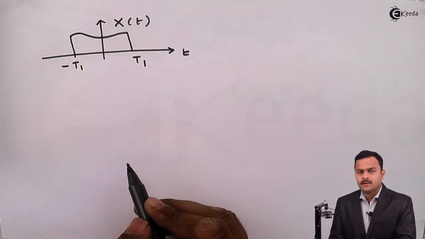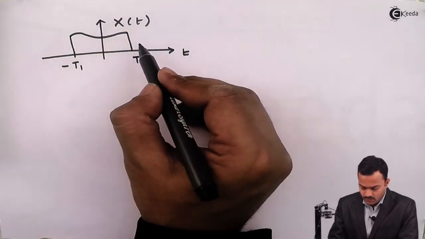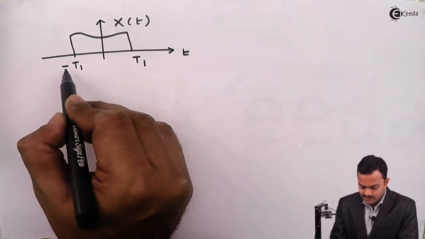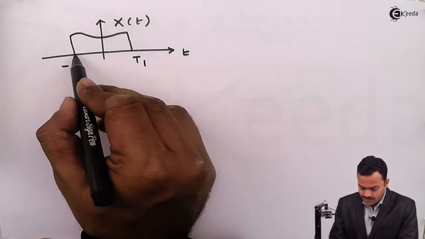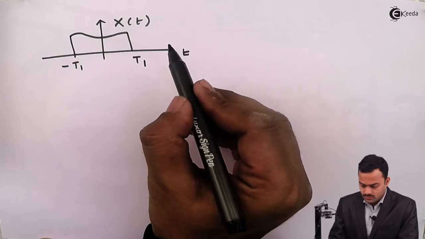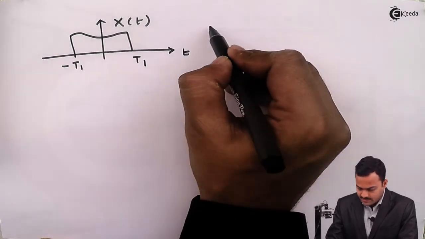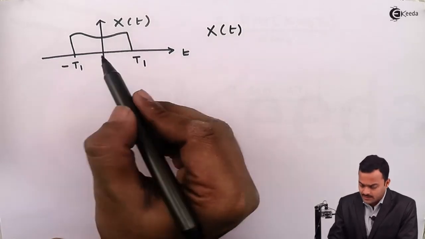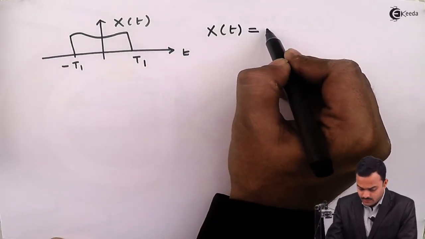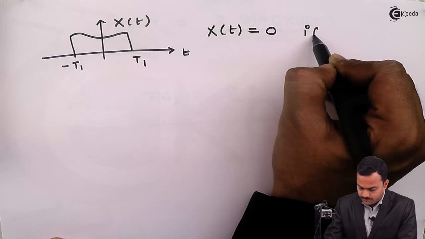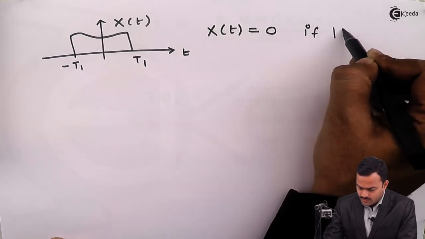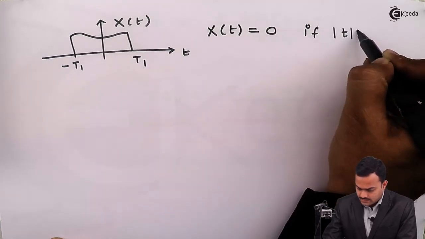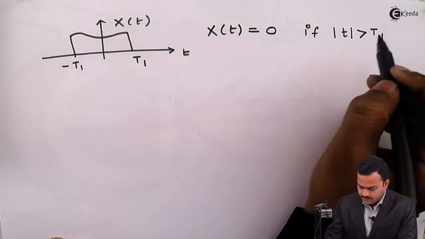So basically x of t is a signal extending from minus T1 to T1. x of t will have some value, we are not bothered about it, but definitely it is equal to 0 if mod t is greater than T1.